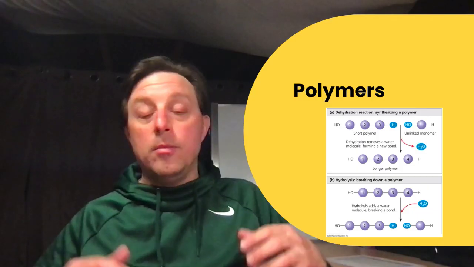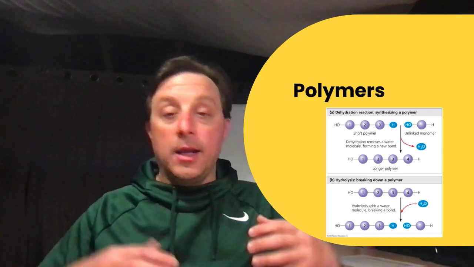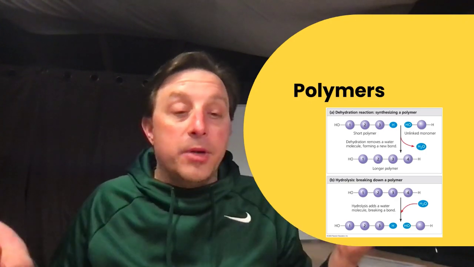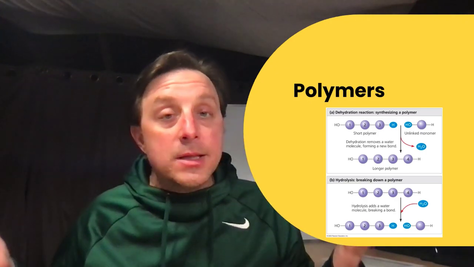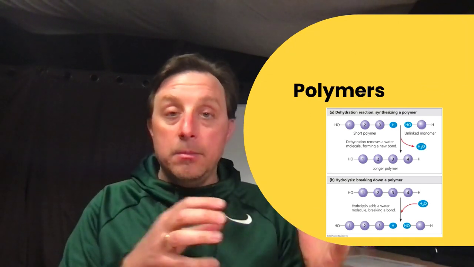polar. Okay, so most of these biological molecules that we're going to be looking at are what we call polymers, right? And a polymer is just a fancy name for a big molecule that's made up of repeating subunits. These small subunits are termed monomers. Mono meaning one, and poly meaning many.